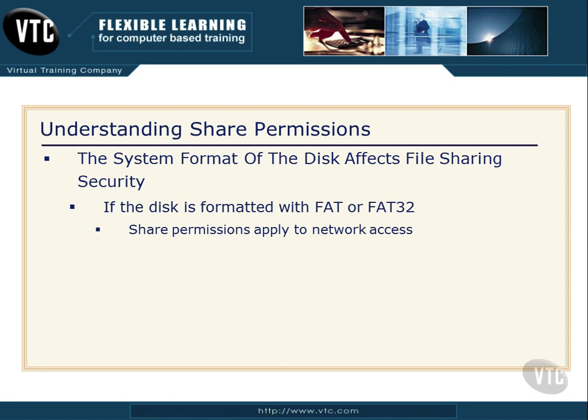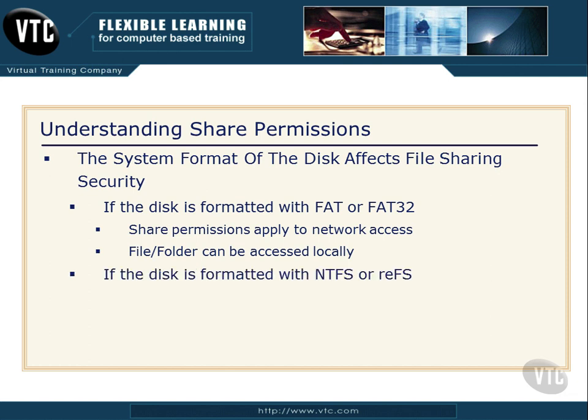In other words, the only time that any of these share permissions that you're setting are going to apply or keep anybody from looking at that file is when it's being accessed from over the network. If someone logs on locally to the machine, they can just go right in and take a look at that file or folder. Now, if the disk is formatted with NTFS or ReFS, it's a little different.